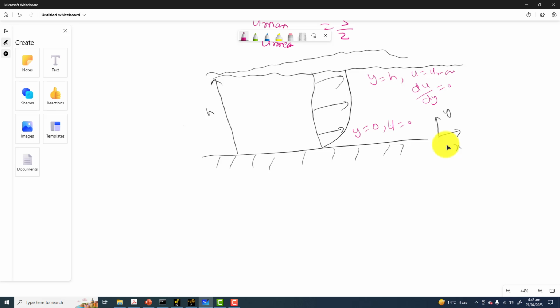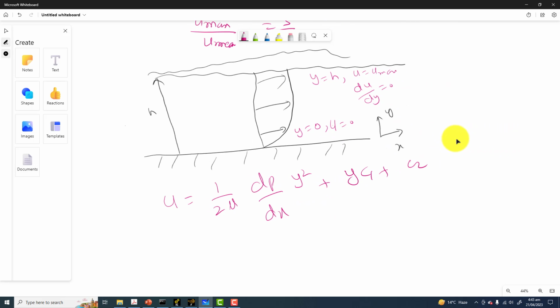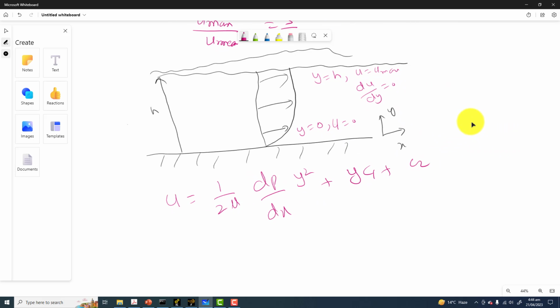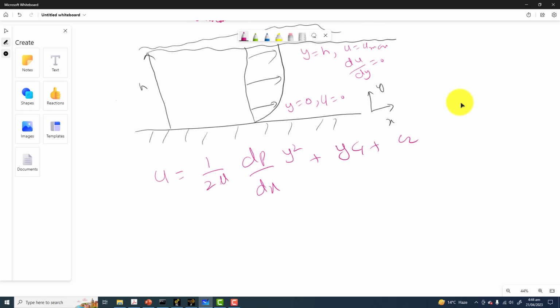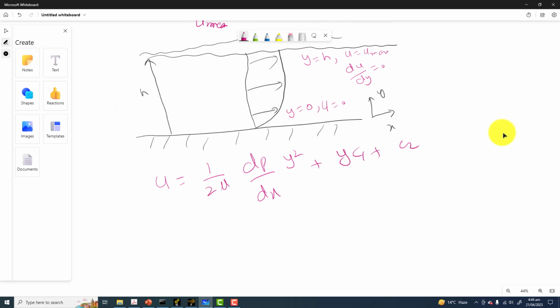Okay, so I will start from the previous case equation with the constants. That is 1 upon 2 mu dp by dx, y square plus y c1 plus c2. The only difference from the previous case is in terms of these constants, because they depend on boundary conditions, which are slightly different.